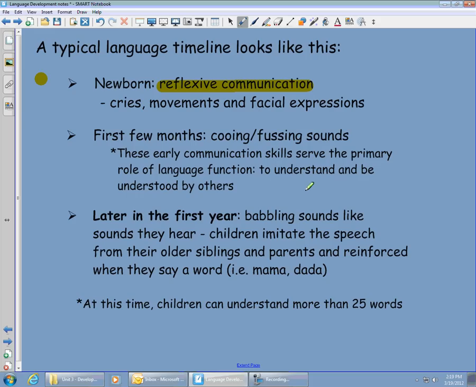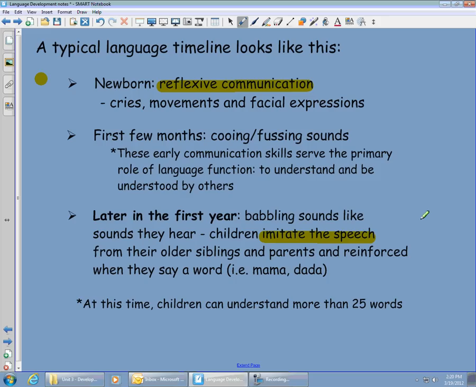So when a baby cries, that's a signal that, hey, I need something. And it could be a bottle, or it could be a new diaper, or it could be whatever. But that is definitely a signal. Later in the first year of life, kids are starting to imitate the speech that they hear around them. And they start making sounds that sound like the things that they are hearing.